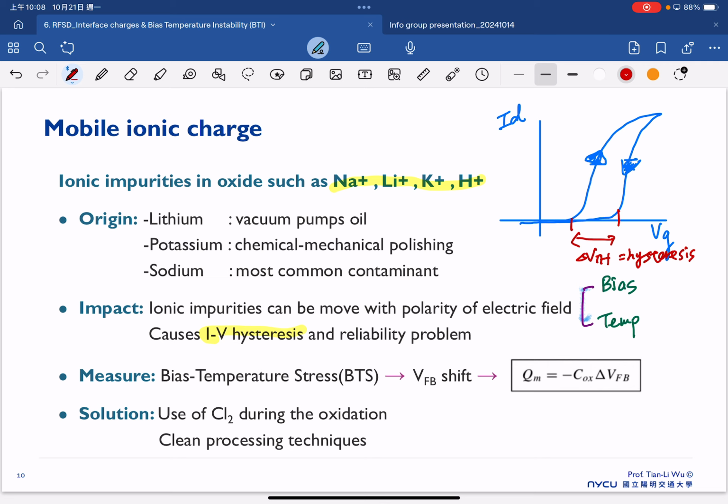One of the typical ways we do the measurement is by bias temperature stress. That means we stress our device with different bias and temperature to see how the threshold voltage shifts. Then we can estimate the flat band voltage shift, which we can do with the CV measurement.